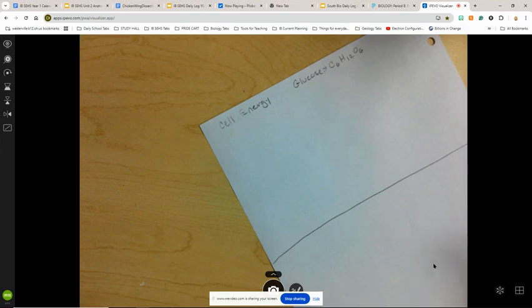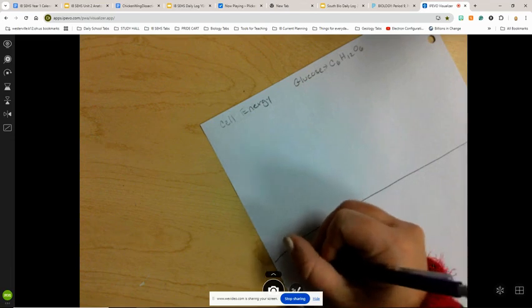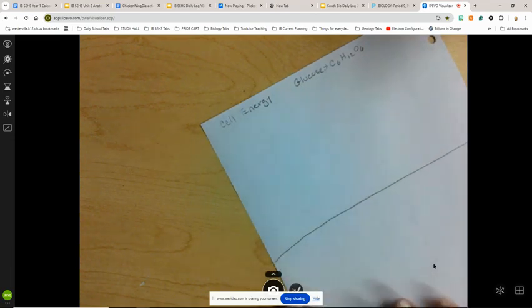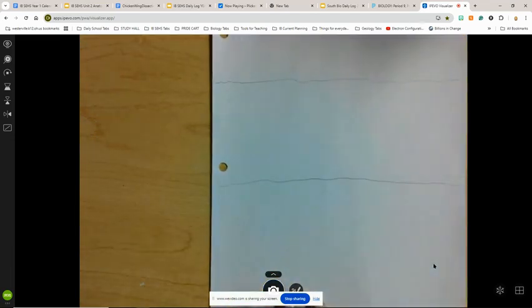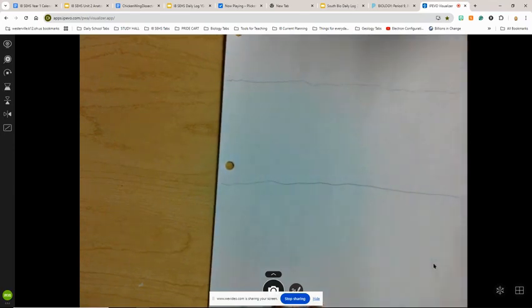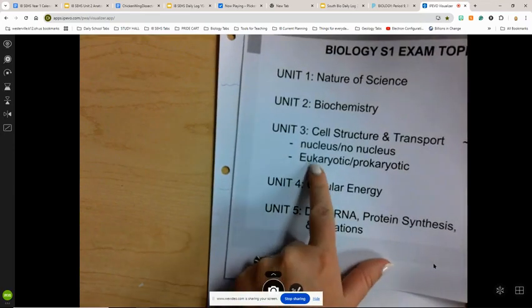Make sure you know fermentation, the fact that that's when it's really just going through glycolysis. It's not going into the Krebs cycle and into the electron transport chain, the ETC. So you're just answering these questions as you go. And then the last section, you can do DNA, protein synthesis, mutations here.